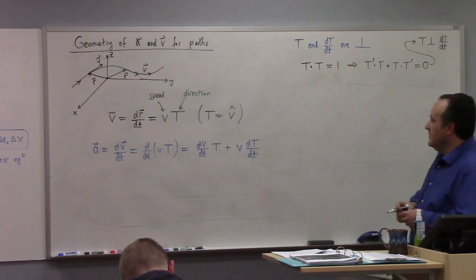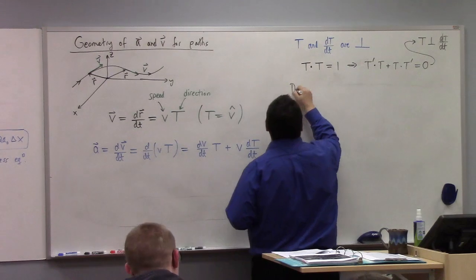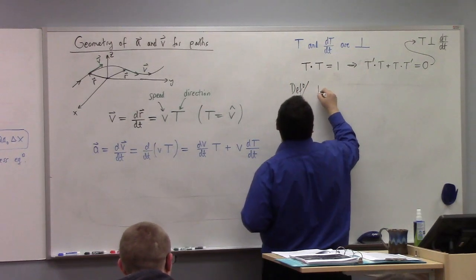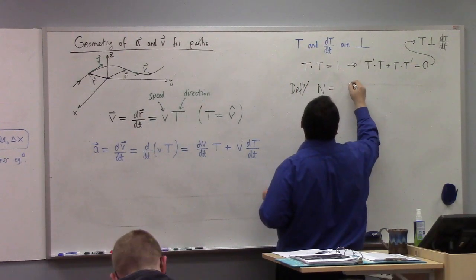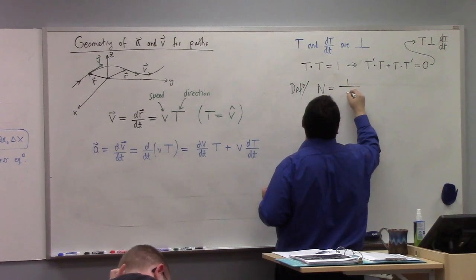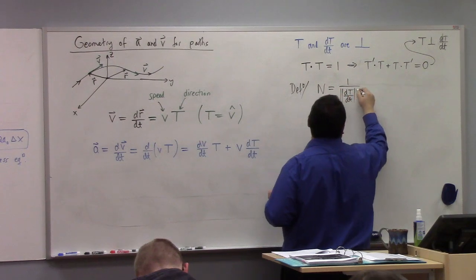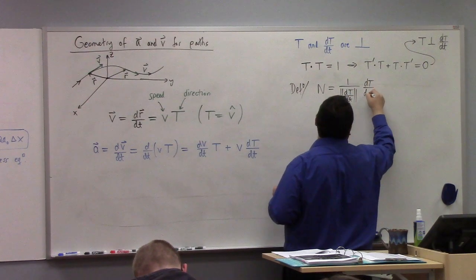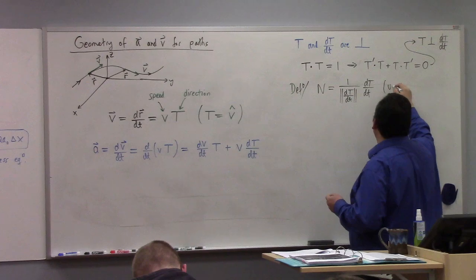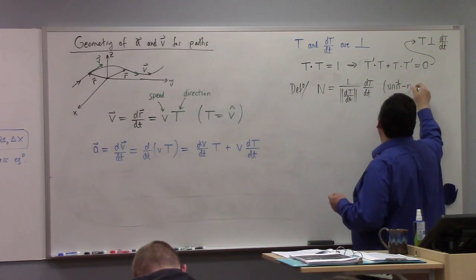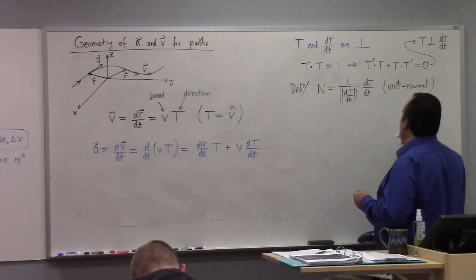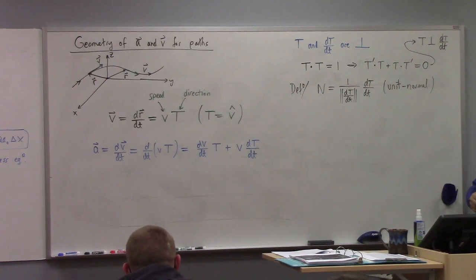So, by definition, big N is equal to 1 over the magnitude of dT/dt times dT/dt. This is called the unit normal to the motion.